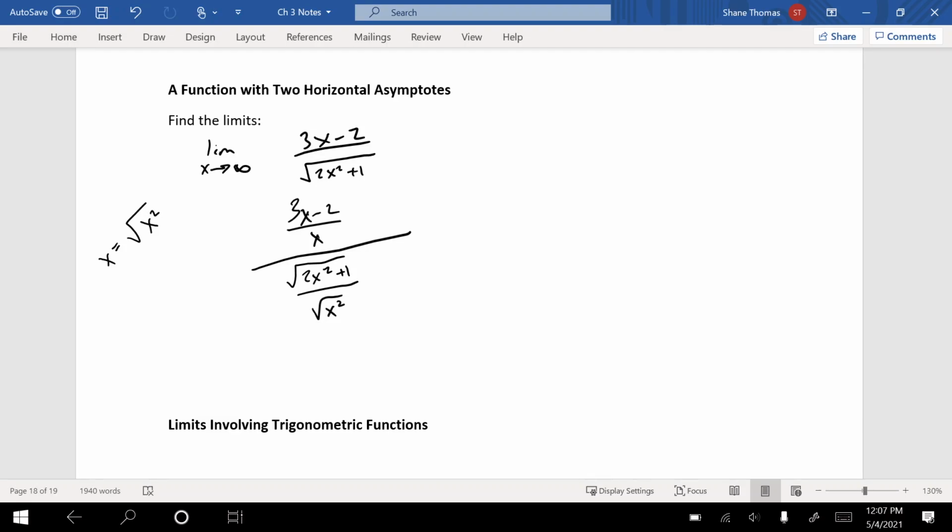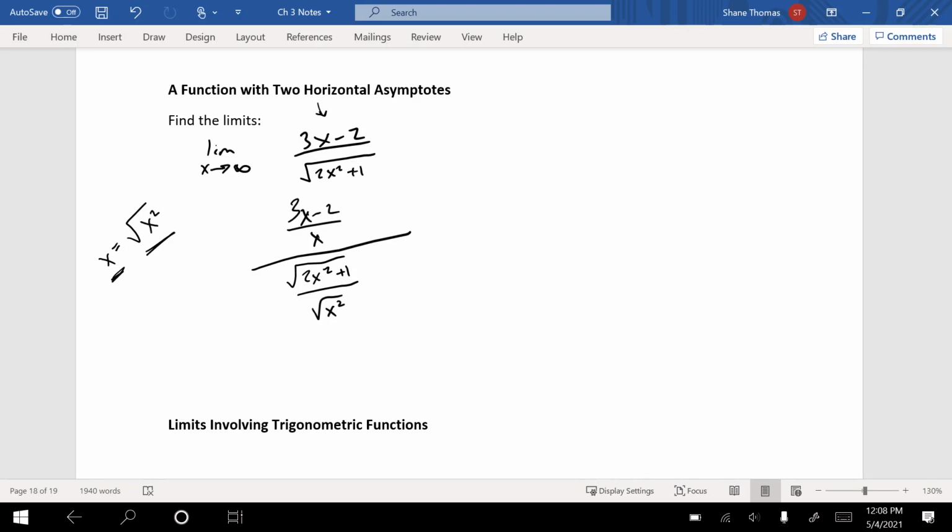Okay, so up here, like we did yesterday, we found our highest power. Our highest power is technically just the x on top. So I'm going to divide top and bottom by that. But if I divide a square root by an x, it does absolutely nothing for me. So I have to be able to break out the square root, right? But if I'm dividing by x, x is exactly the same as the square root of x squared.